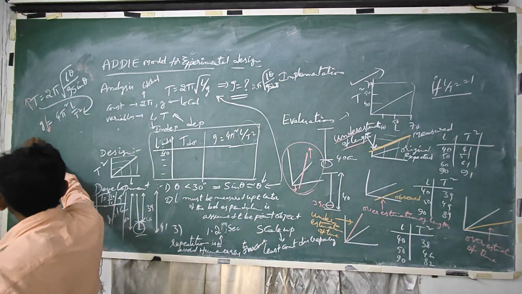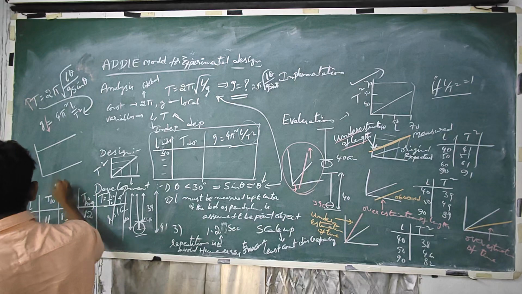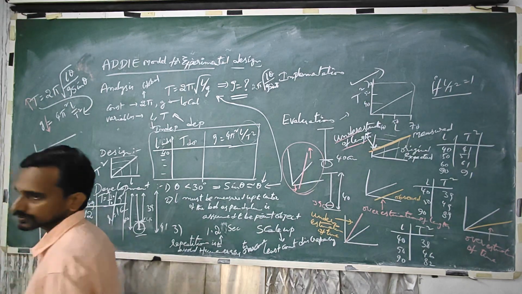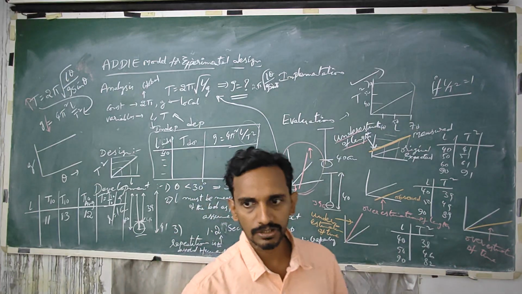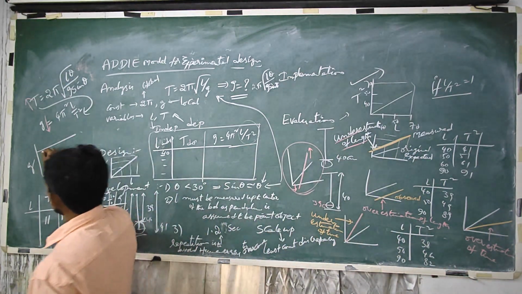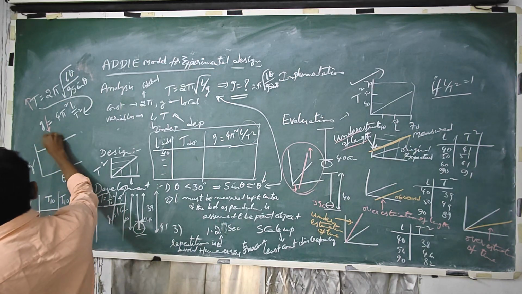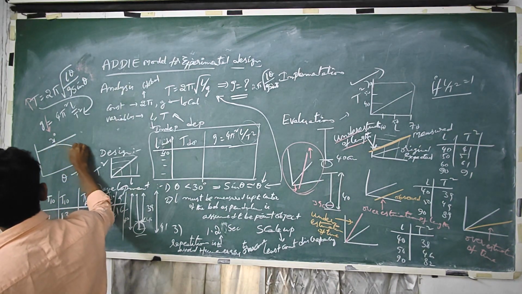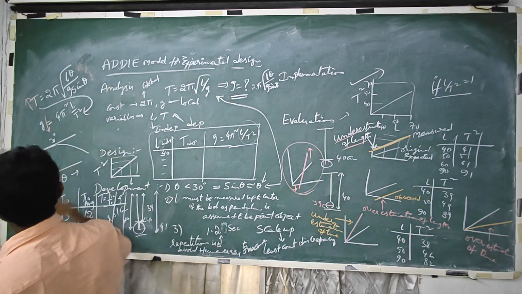So let's say as a function of theta, for small values of theta, the g value remains the same, let's say up to 30 degrees. Beyond 30 degrees, this value starts reducing.